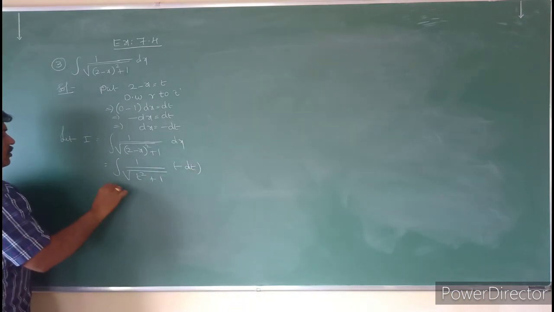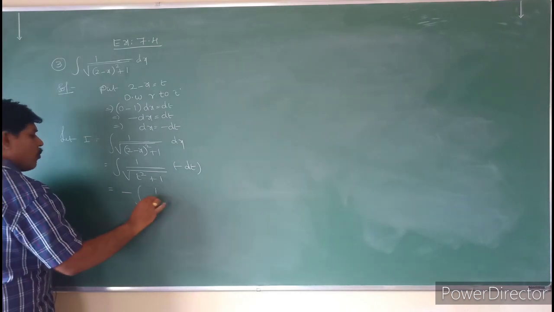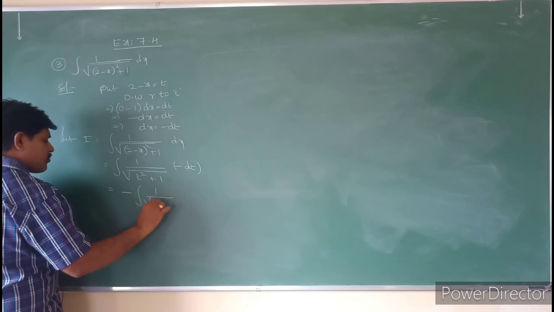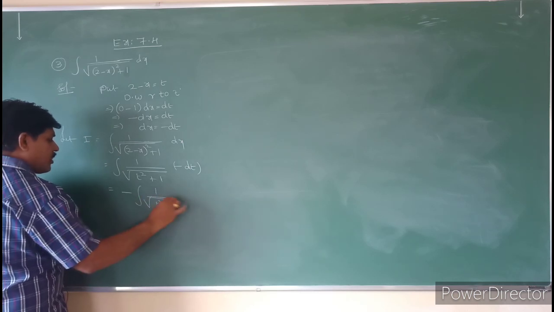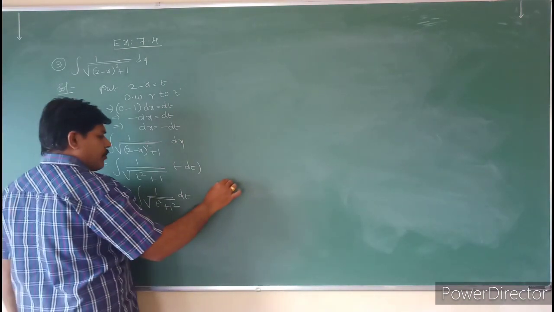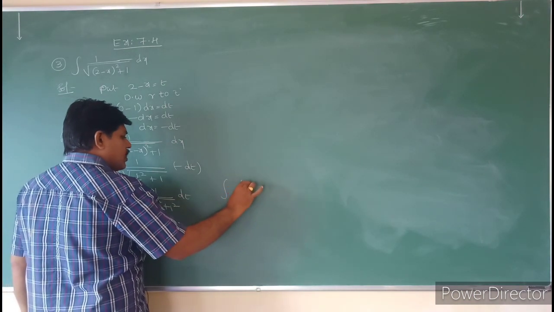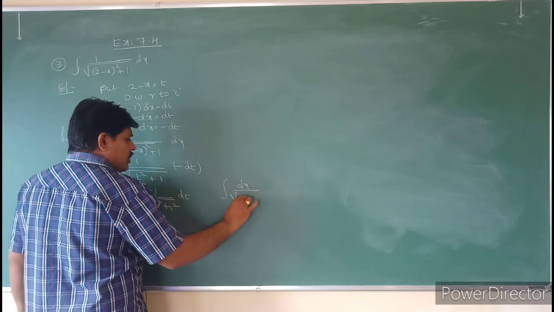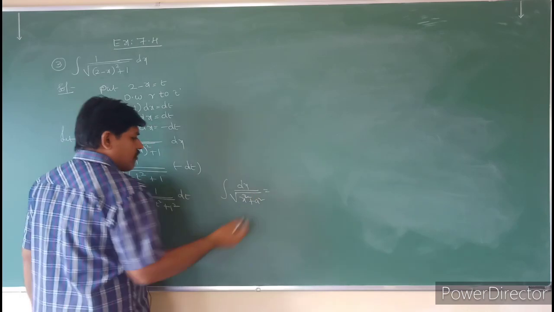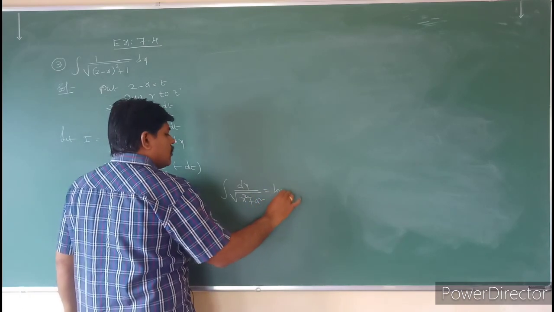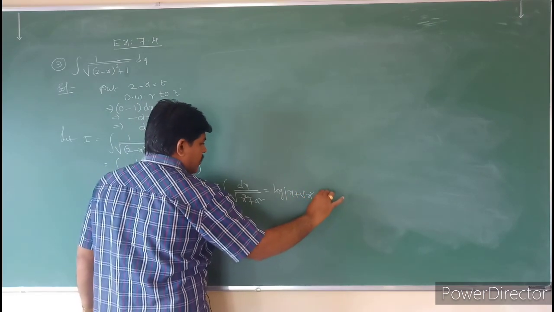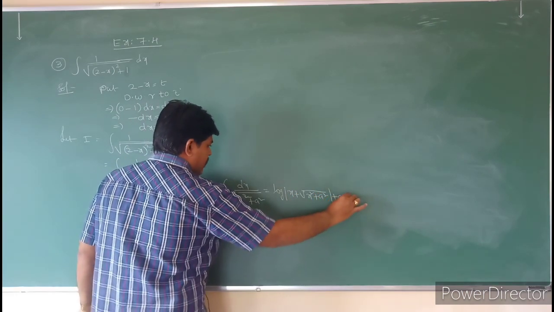So take the minus out, it will become integral of 1 by root of t square plus 1 square into dt. Same formula. Once again we are repeating the same formula. What is that? Integral of dx by root of x square plus a square. What is the formula? Log mod x plus root of x square plus a square plus c.